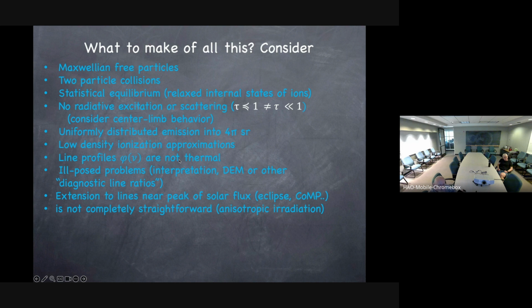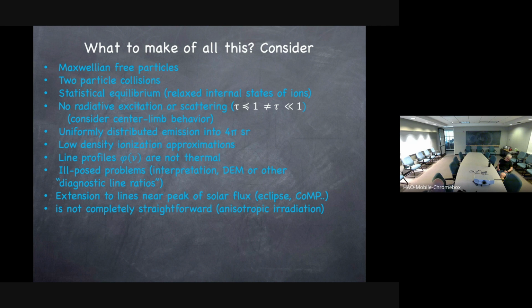We measure line profiles that are not thermal. That means, in every part of the outer atmosphere of the sun, there's some component of fluid motions that we don't understand. Remember, we had dN by dt plus div of NV.